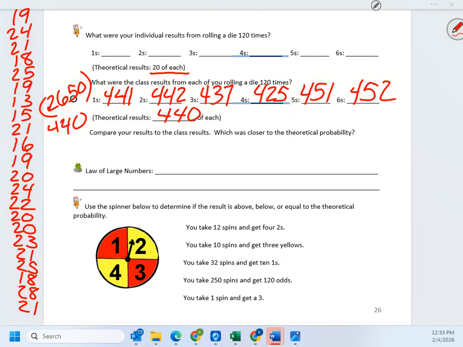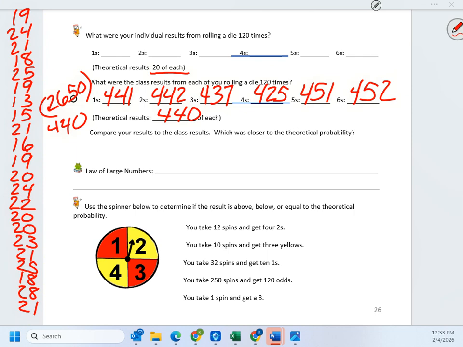So right now, figure out your math for your results. What was the number again? 2,650 was the total amount for the class. So figure out the class theoretically, what percentage for each roll. Figure out your own individual, just like we did with the heads and tails. And then look to see which was closer, individually or the class.